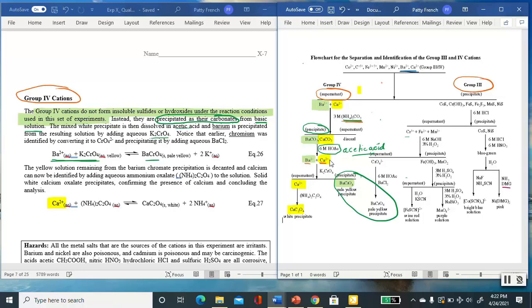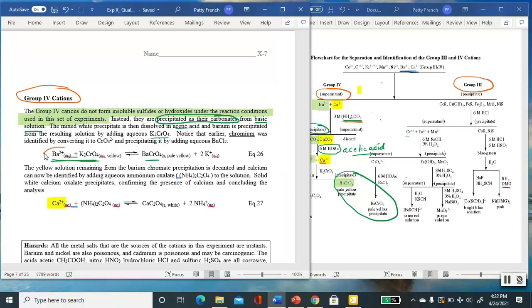Again, not really super helpful because they're both in solution. They've been doing the exact same thing. Up here, they're in solution. Here, they're both a precipitate. Here, they're in solution. Well, at this point, we're going to perform different tests on them, and we'll be able to separate them. So the barium, we then added potassium chromate to, and when we did, we got barium chromate.